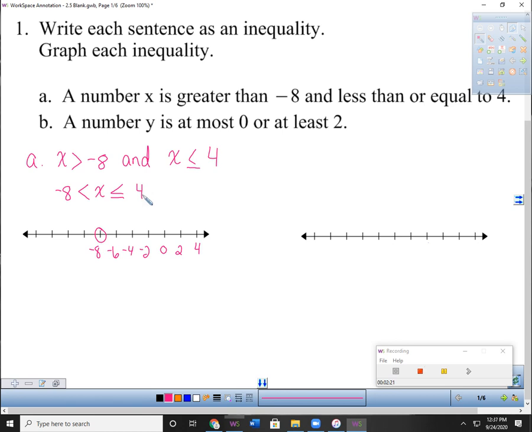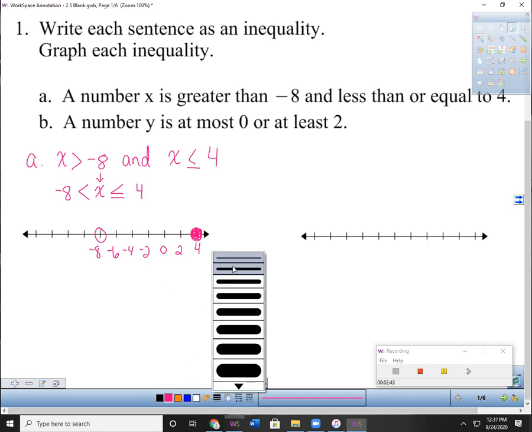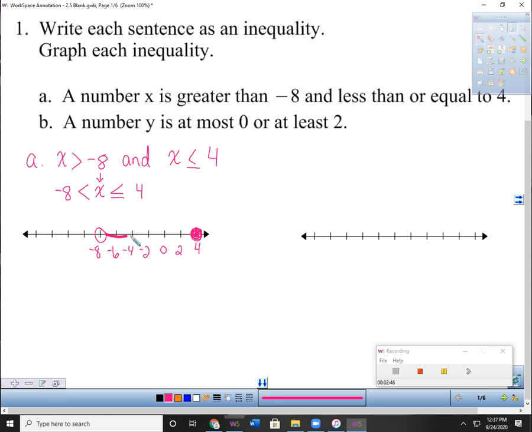Alright, then I go over to 4, and I look at that inequality symbol that's on the side with the 4, and I'm going to put a closed circle, because I got the equal to bar. And then, think of this as being the part you shade. The part I shade is between these two numbers. So, in between those two numbers, I'm gonna shade.